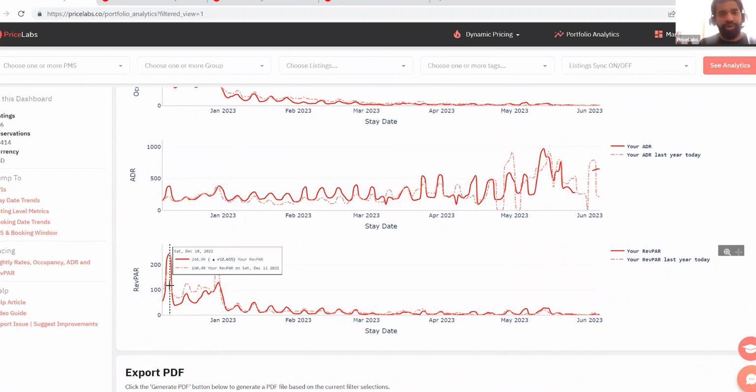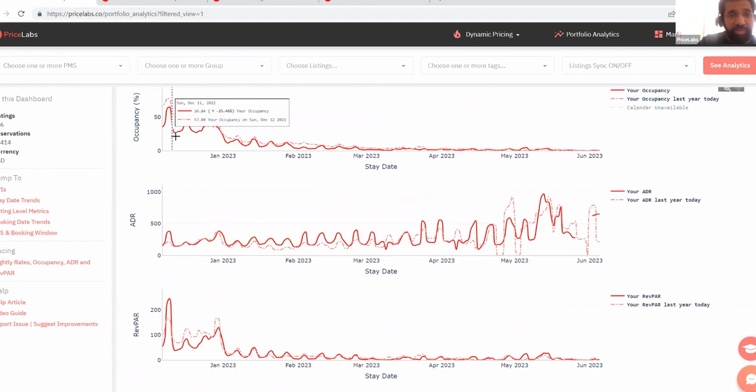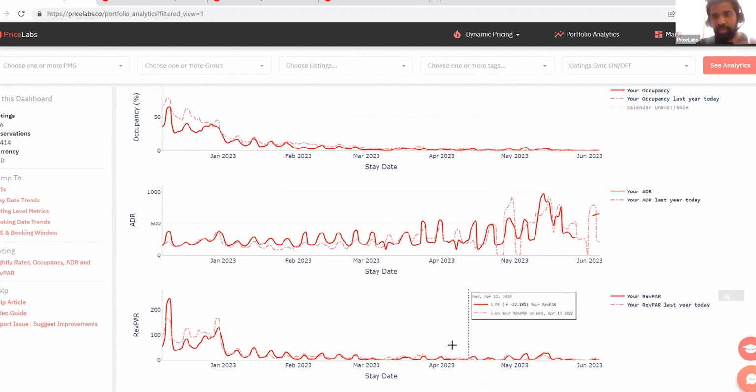So it's not all that bad, right? But here I do want to catch up on RevPAR in this December period. I see my ADRs are kind of similar. So my occupancy, I have to figure out how I can drive my occupancy, maybe by dropping my ADRs a little bit and driving my occupancy a little bit higher. That's one of the solutions.